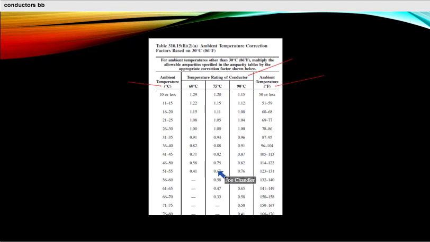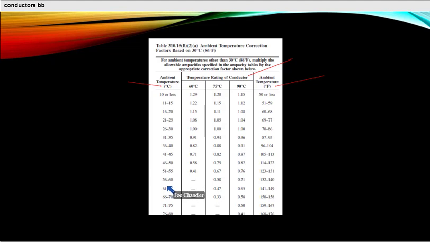That means that conductor has to be derated by a factor of 0.67, meaning if I have a 100 amp wire under normal conditions, meaning 30 degrees C or 86 degrees Fahrenheit, and I put it in this much higher temperature, instead of being good for 100 amps, it's only good for 67 amps. So we're derating or discounting or correcting our conductor to match the conditions of the temperature. That's what this is here.